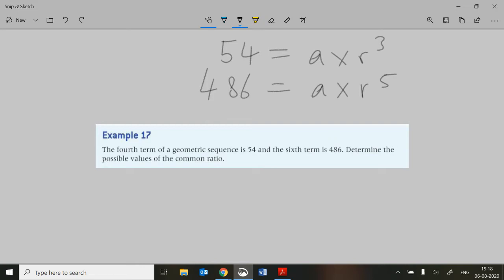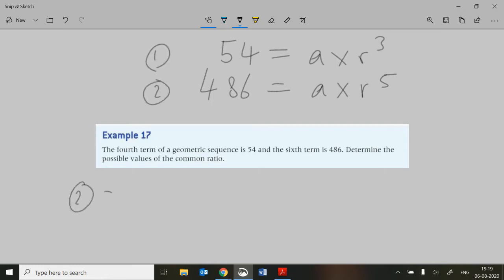Okay, so we've got to solve these. We've got simultaneous equations here, but probably not like you're used to having them. Instead of adding or subtracting these, to get rid of an a when they're connected by times, you could divide these. So this is the second one, this is the first one.